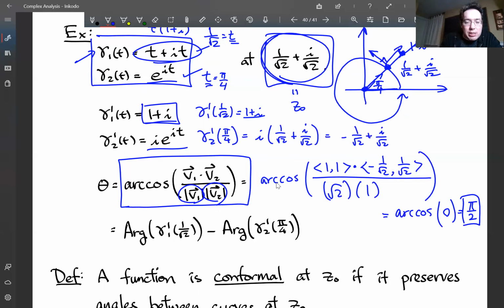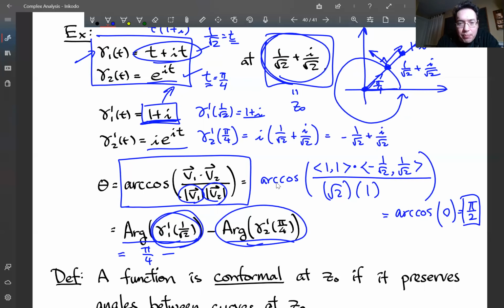So that's one way to compute it. Another way to compute it is looking at the difference of the argument of the two complex numbers. The angle for the first tangent vector is 45 degrees. This is a tangent vector that points 1 plus i, so 1 unit to the right and 1 unit upward. This is pi over 4, minus the angle for the second tangent vector.